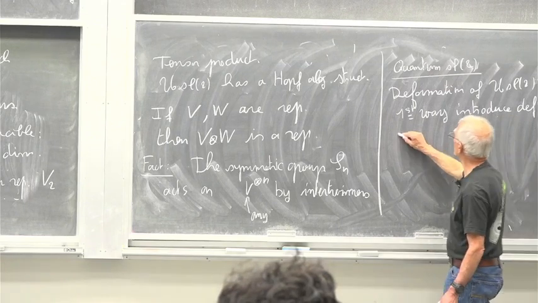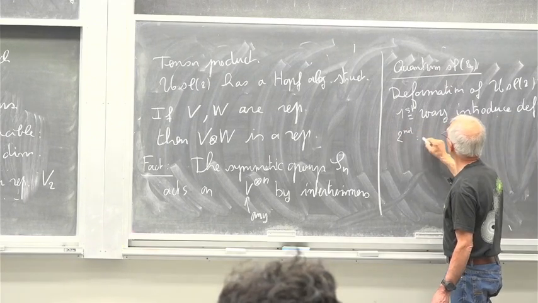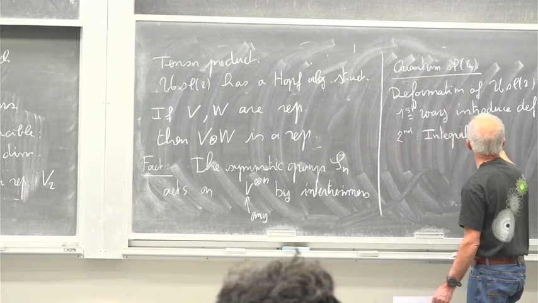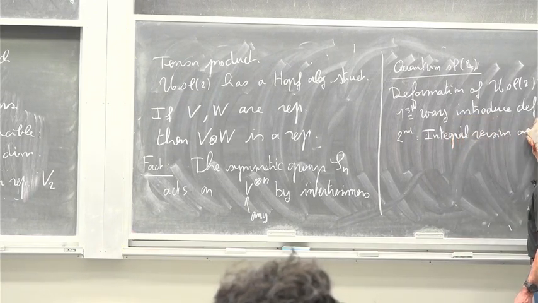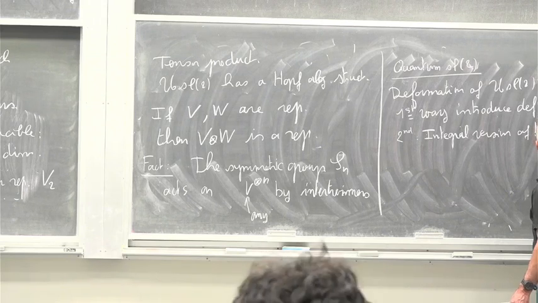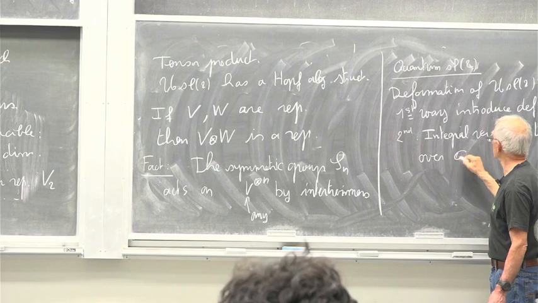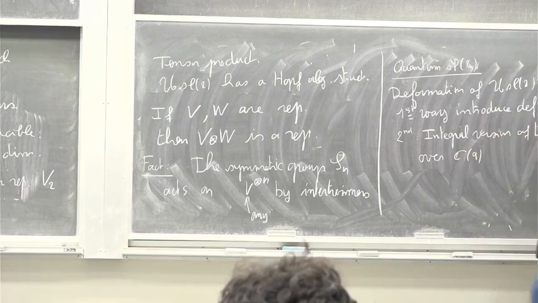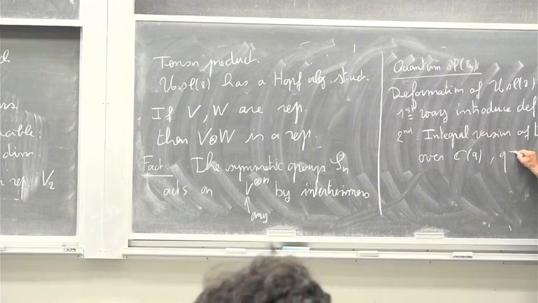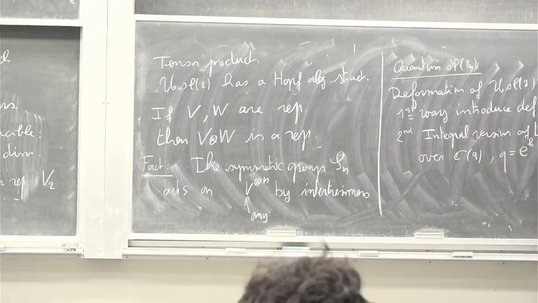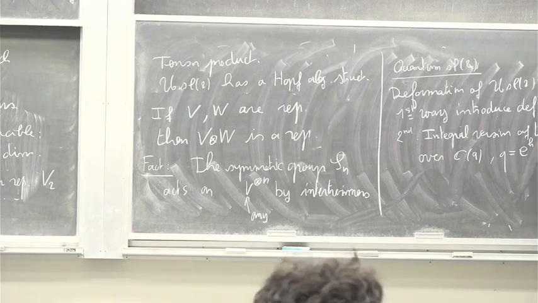Second way, take an integral version of this, and this will be over C of rational functions, and here you think that q equals exponential h, or e to the i pi h if you like to be fancy.